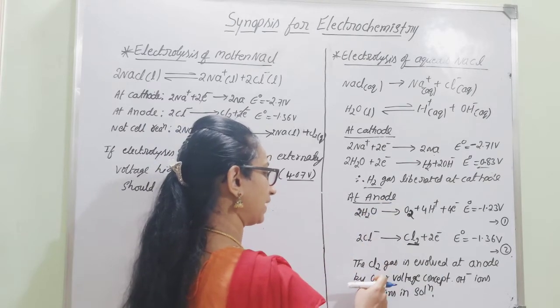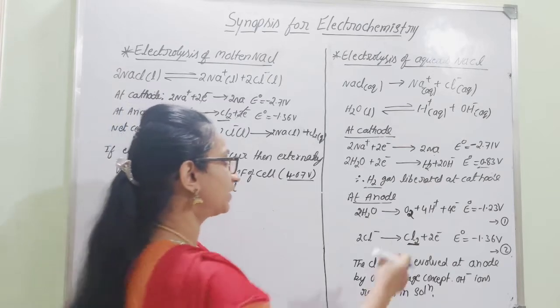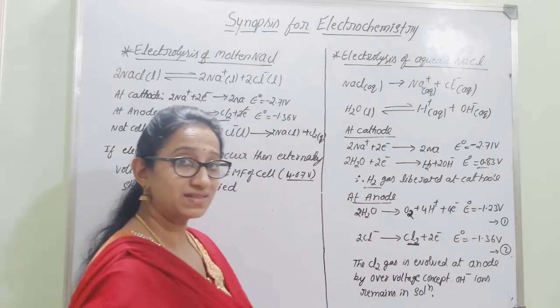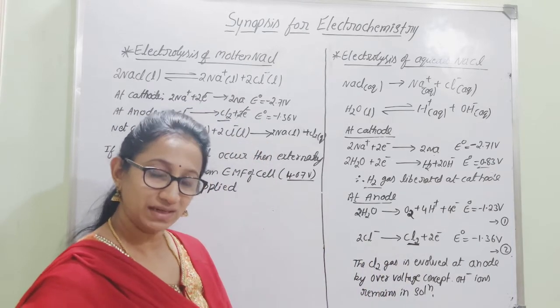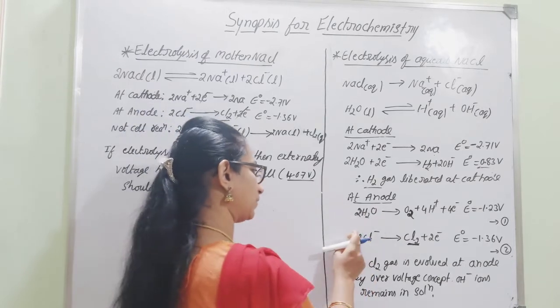So they have to supply extra voltage. Even though its reduction potential value is higher, it requires a higher voltage, still more voltage, for the movement of water molecules towards the anode.